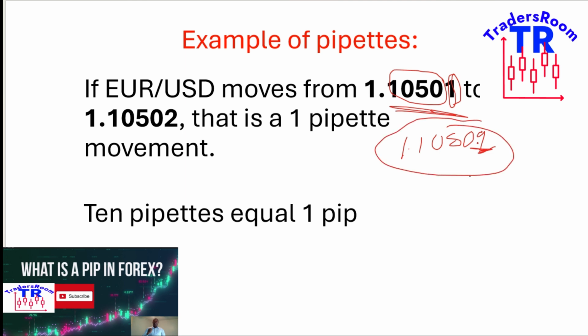When this one moves to 10, the whole of this number will now be 1.10511, which means that the pip now increases.